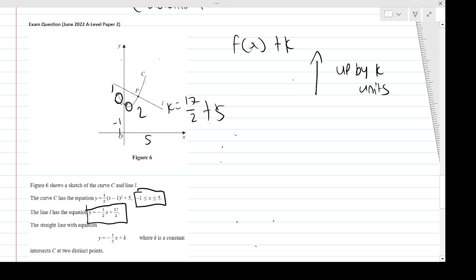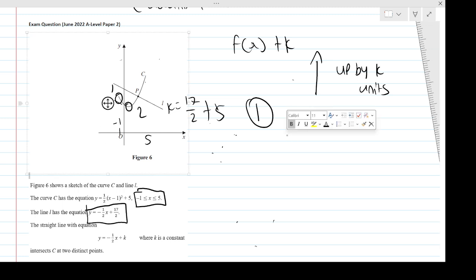So how are we going to do that? Well, at point 1, you should notice it's at the most left point. It's the furthest left of the curve. But we discussed this. That's when x is minus 1. So point 1 is when x is minus 1, right? Then we need to find k.